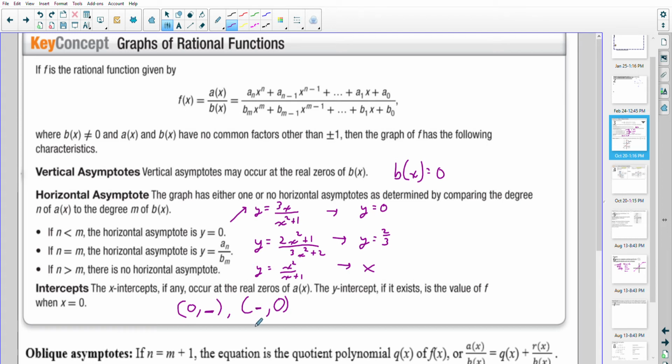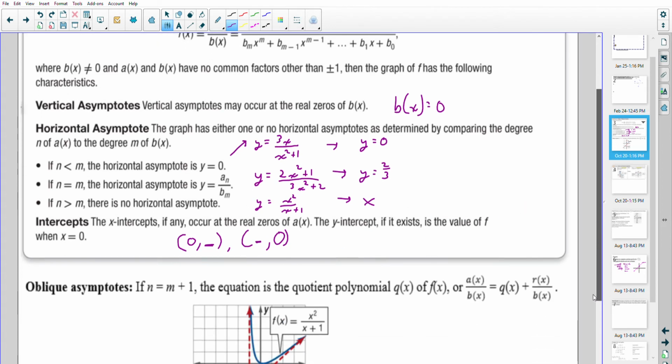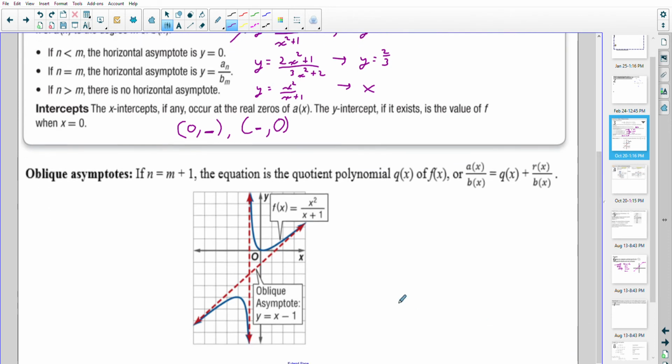That's the easiest way. The third asymptote is an oblique asymptote, and this occurs where the leading exponent on the top is one more than the leading exponent on the bottom, such as what you see here. And where you have the 2 is one more than 1, you're going to have a dashed asymptote, and therefore the graph is going to be wedged between the vertical asymptote and that oblique or slant asymptote.